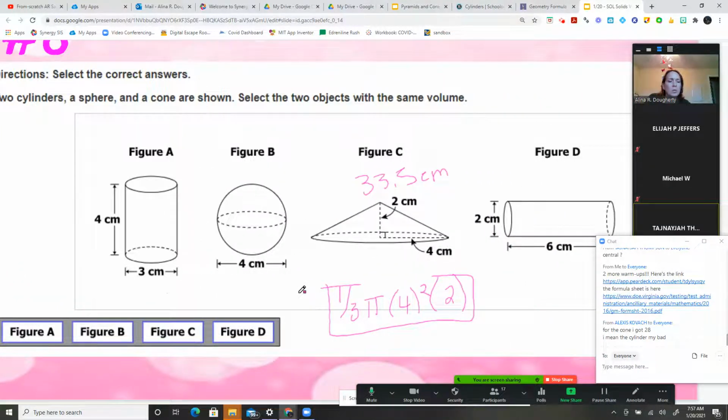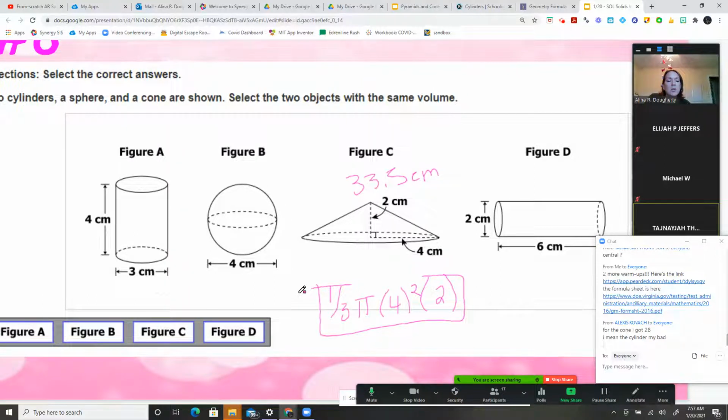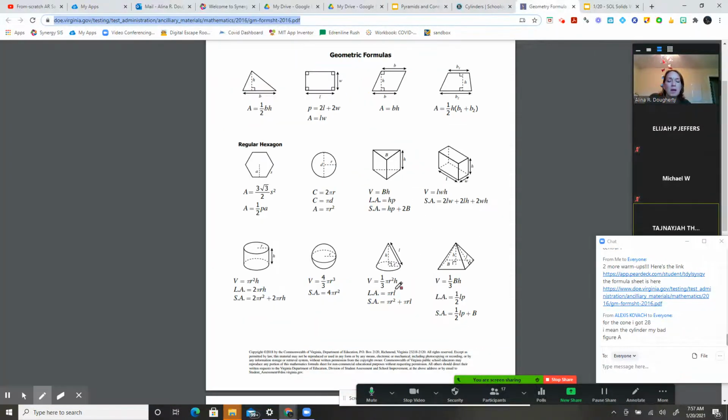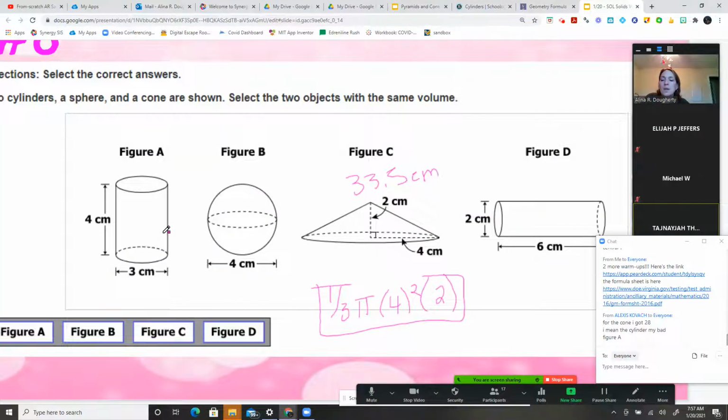So then which cylinder did we get 28 on? The first one or the second one? Figure A, okay. So volume is pi r squared h. So if we come over here, pi r squared h. If the diameter is 3, then the radius is 1.5 and the height is 4.